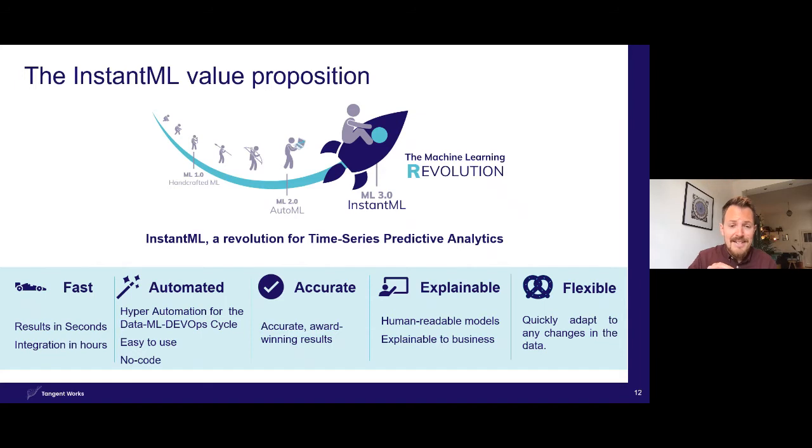On top of that, our approach to the data and instant machine learning turned out also to have two other very big benefits. First of all, the results we give are explainable. There's a lot of criticism of machine learning that you give a prediction, but it's a black box. You don't know how that forecast came to be, how it was created.